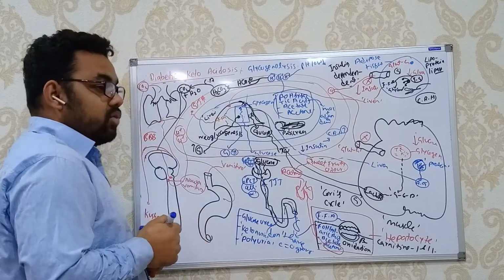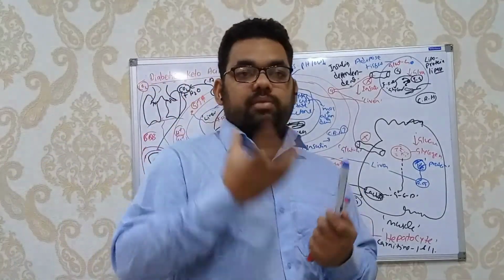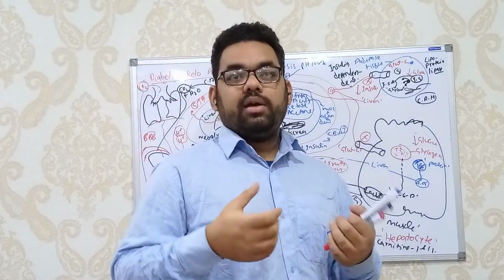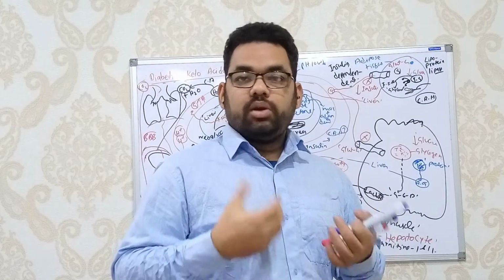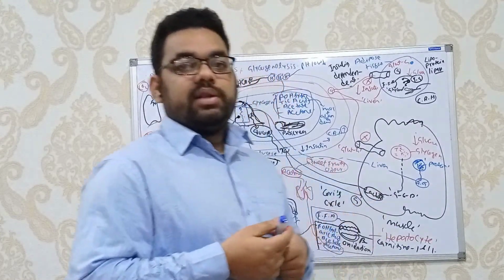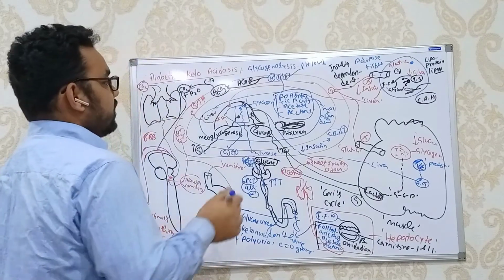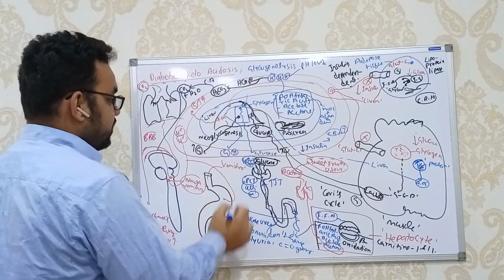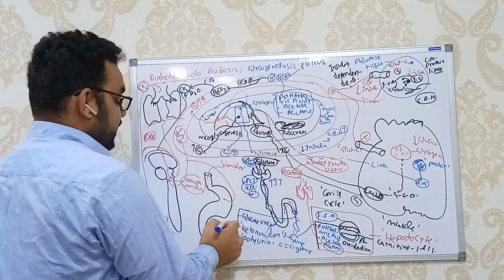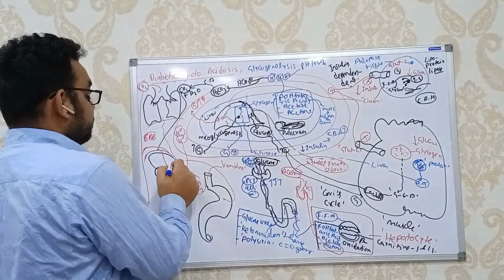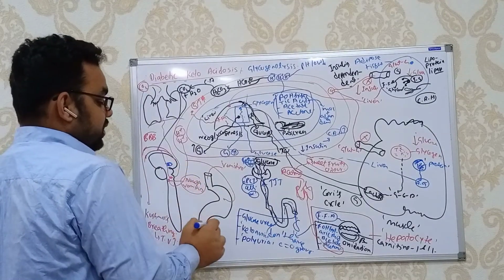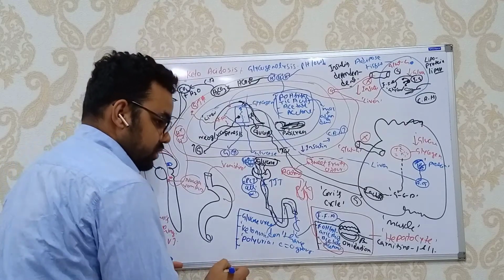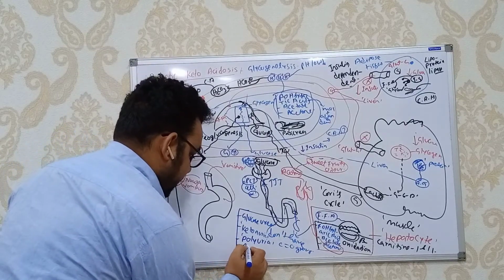Now the problem is, whenever more water is coming out, the blood will be hyperosmolar, because the water molecules will be less but the electrolytes will be more. Whenever the blood becomes hyperosmolar, it will activate the thirst center in the hypothalamus of the brain. As a result, the person will see polydipsia.